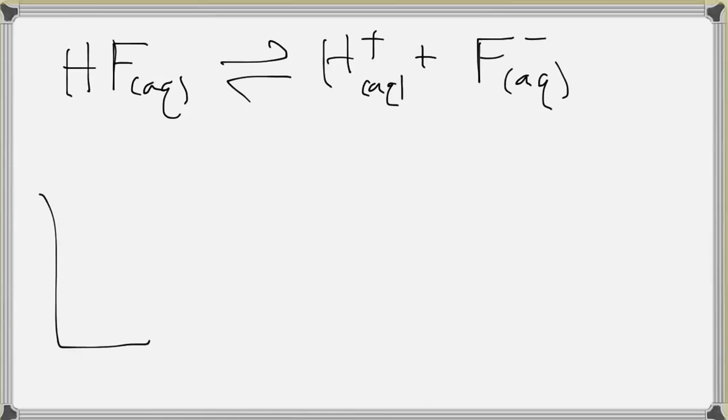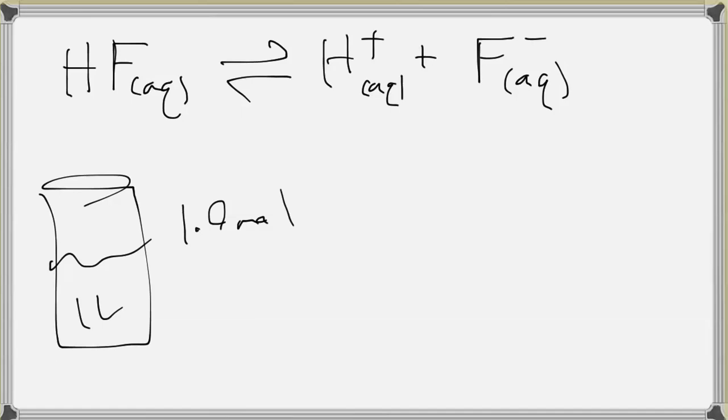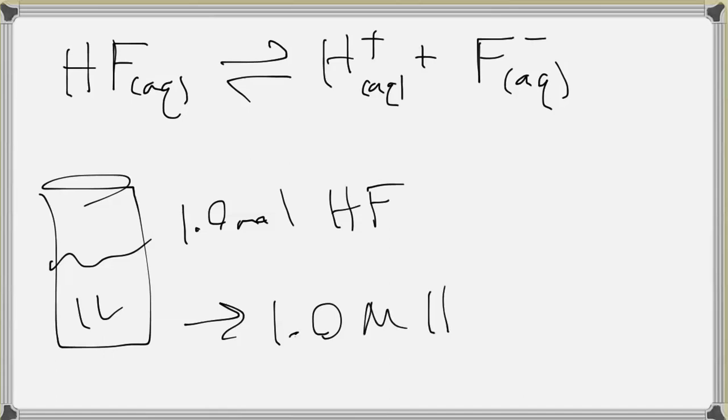Now, if I consider having a 1 liter solution of water, and I've got 1.0 moles of HF in there, that means that I have a 1 molar solution of HF.